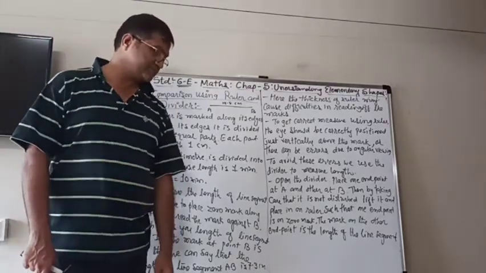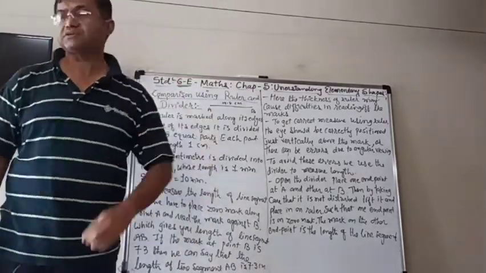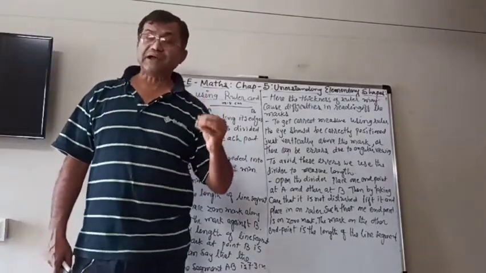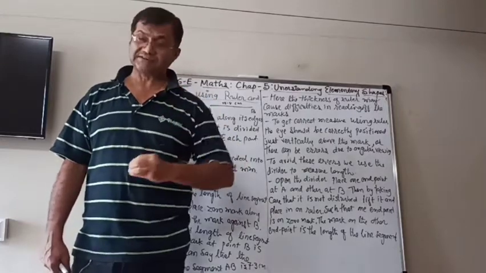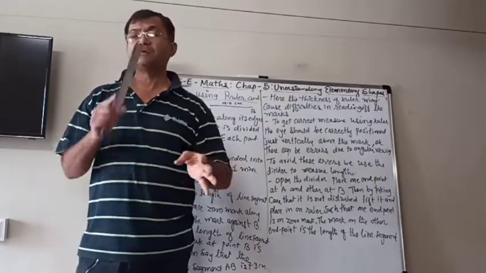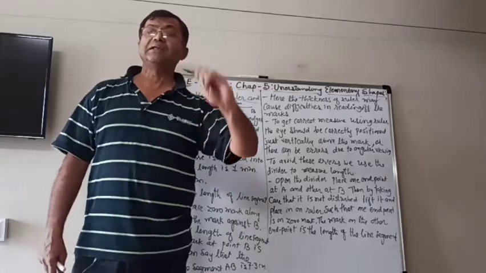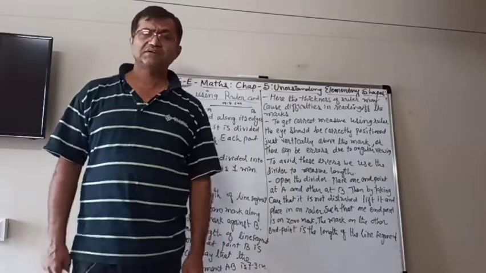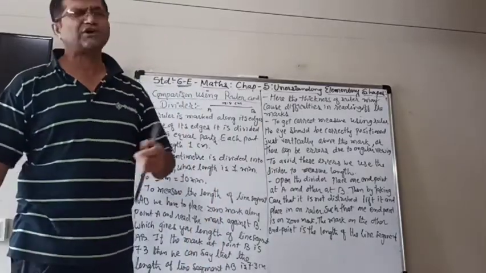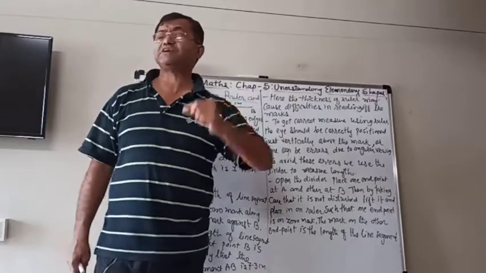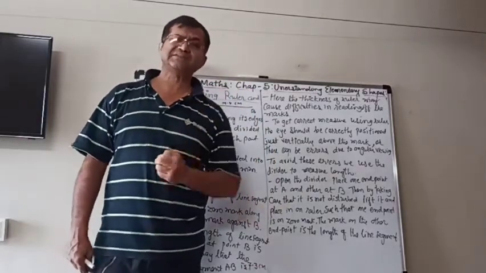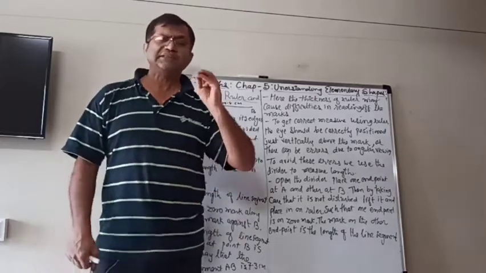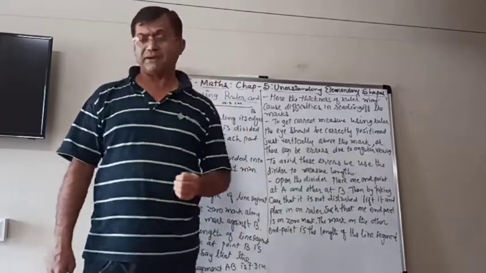Sometimes you will see that some rulers are very thick, some rulers are very thin, and that also can cause some errors while reading the length, because plastic scales are sometimes very thick, sometimes very thin. Then there will be a minor difference, so there cannot be exact measurement.